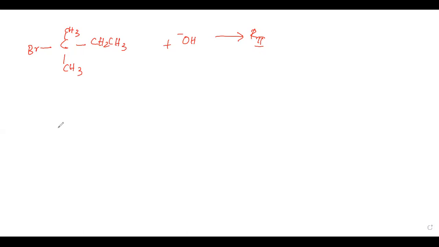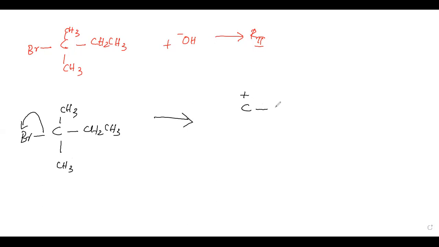So you can write this as CH3CH2CH2Br will break, and it will form the most stable carbocation plus Br minus. This is the one step.